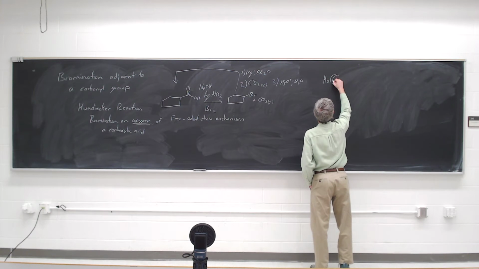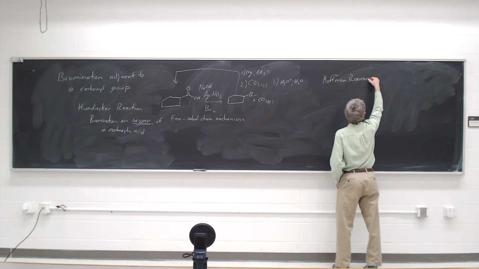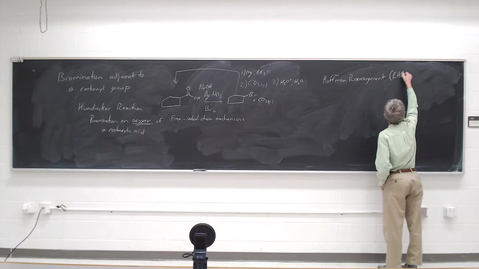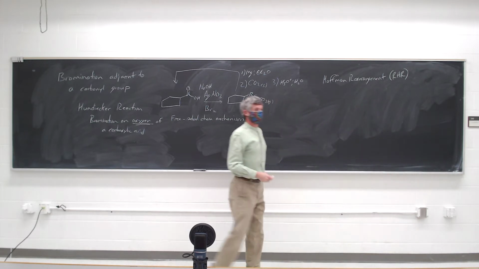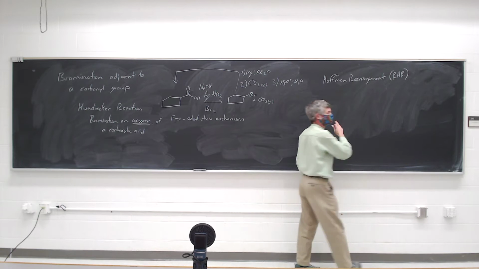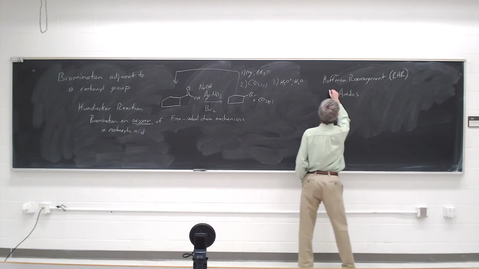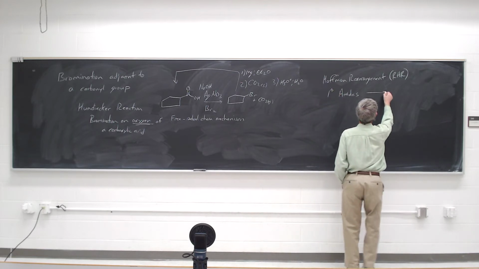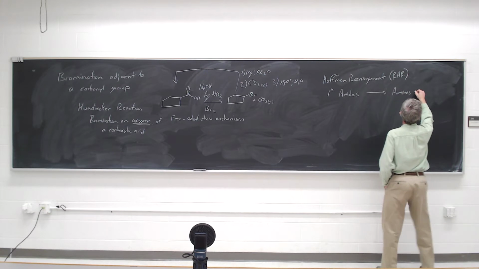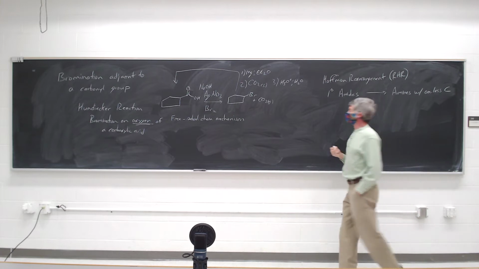And we'll do the Hofmann rearrangement. So the Hofmann rearrangement takes primary amides and makes from it amines with one less carbon, which is again liberated as CO2 gas.